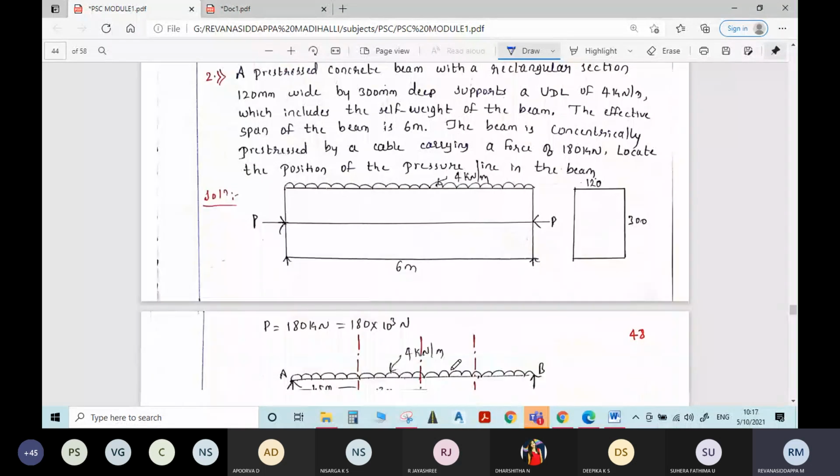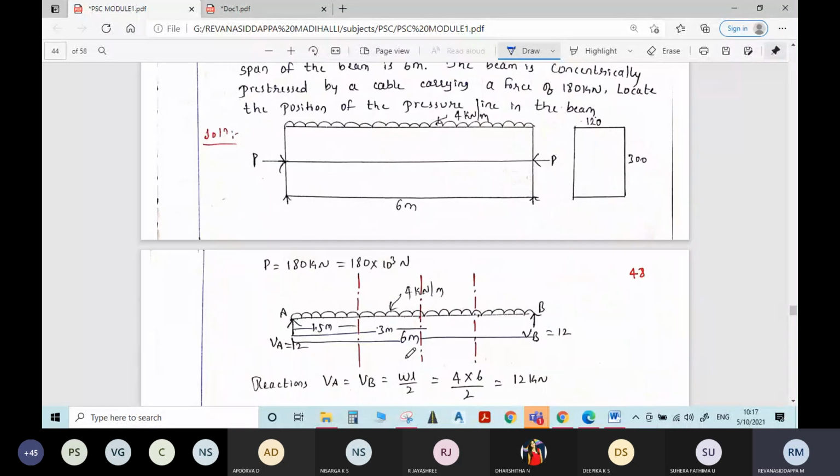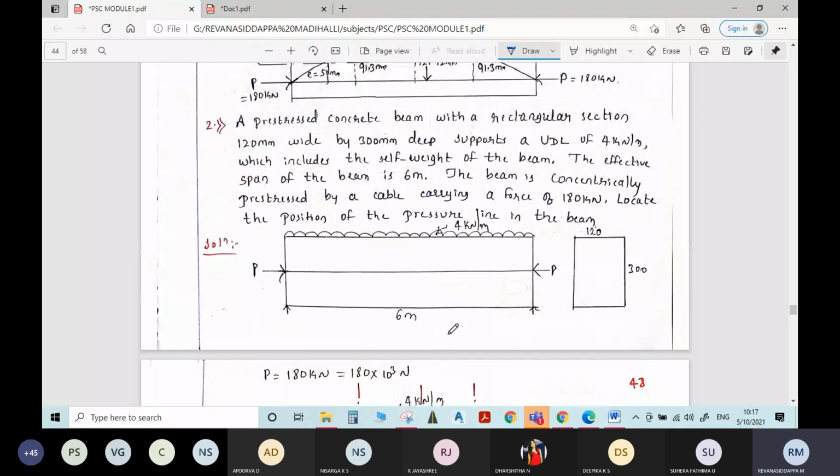So directly take this 4 kilonewton per meter, find the corresponding moments, find the eccentricity and draw the diagram. That's all.